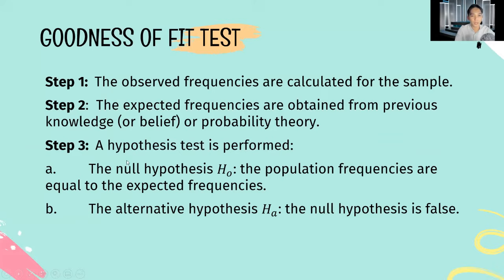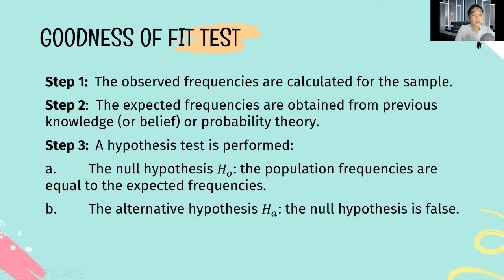Ito na yung gagawan natin ng hypothesis test. So letter A, the null hypothesis. Ang symbol natin dyan is H sub O, ang tawag natin dyan ay null hypothesis. The population frequencies are equal to the expected frequencies, or the observed frequencies are equal to the expected frequencies.